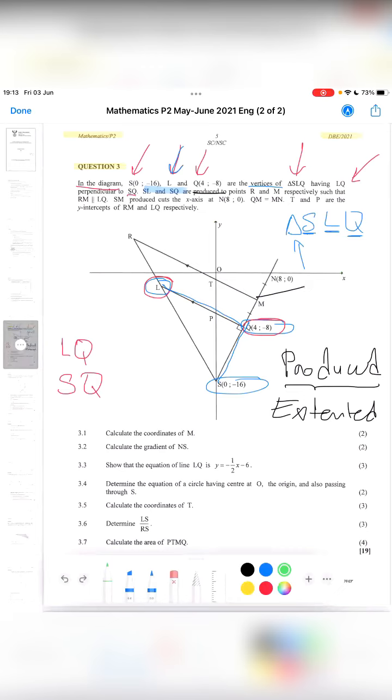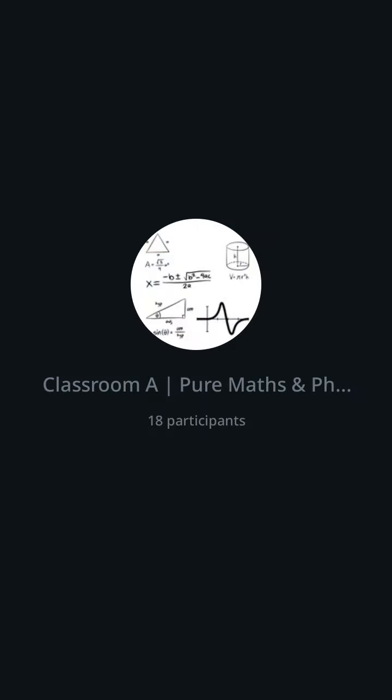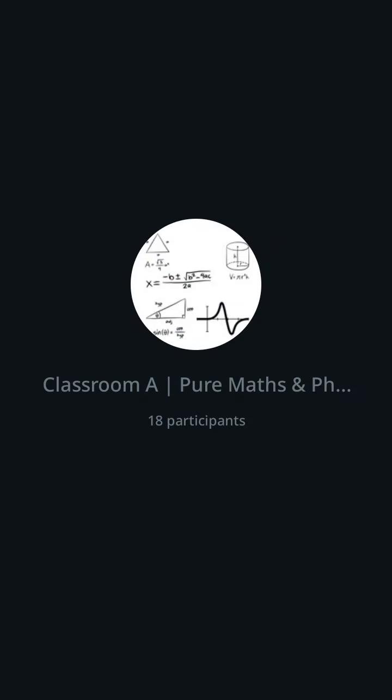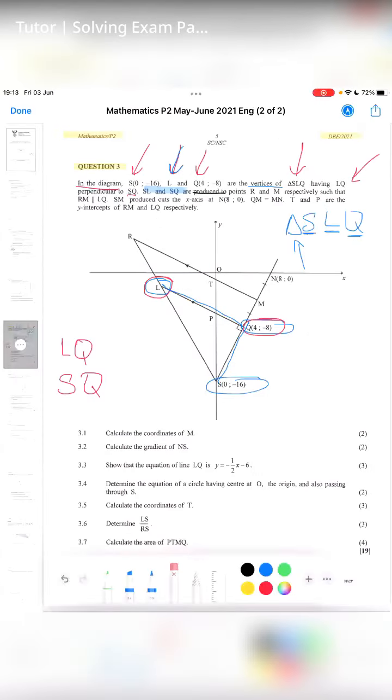Or otherwise, for some of you guys who want to be DJs in this group, don't think about a producer there or whatever. Just know that mathematically, when we talk about produce, we are simply talking about a line being extended to cross, touch, or intercept either the X or the Y axis. It's very, very important, ladies and gentlemen, that at all times you pay attention to every detail.